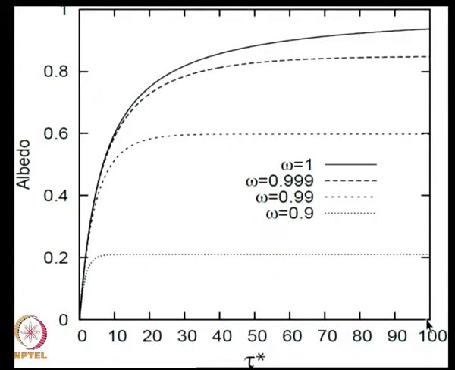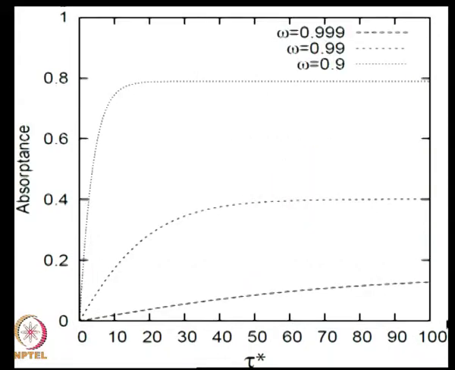And if the optical depth is of the order of 100, then a single scattering albedo of 0.9 causes an albedo of 0.2, while 1 causes an albedo of 0.95. So, again there is a large increase in the cloud albedo in response to change in single scattering albedo when the optical depth is large.